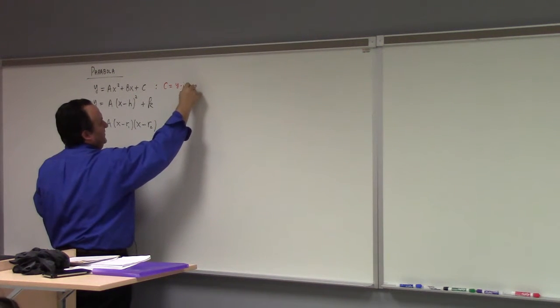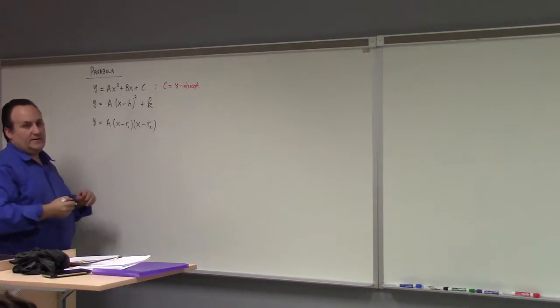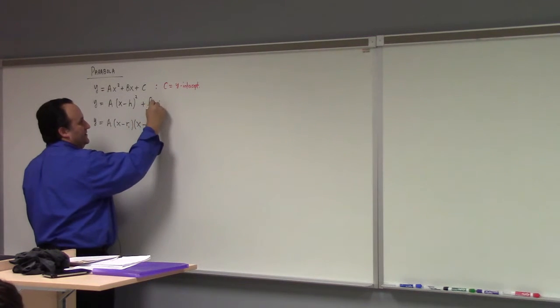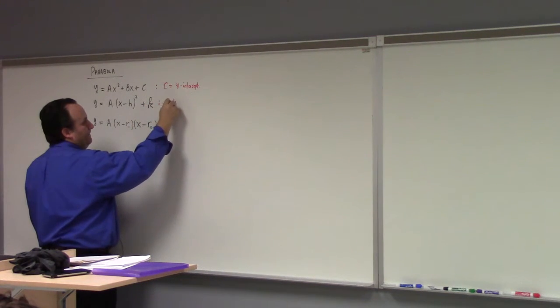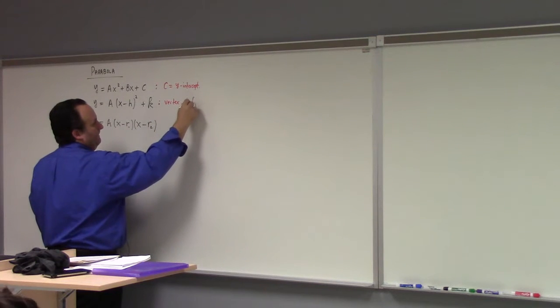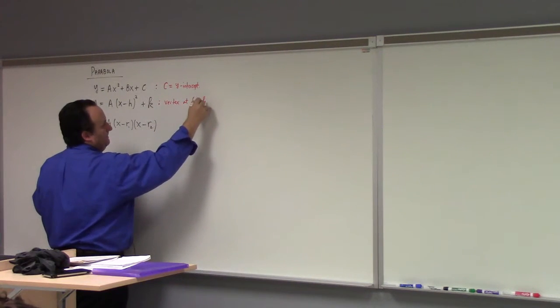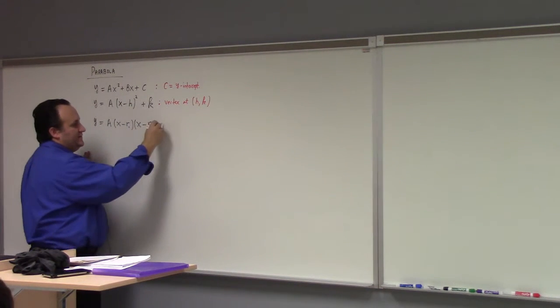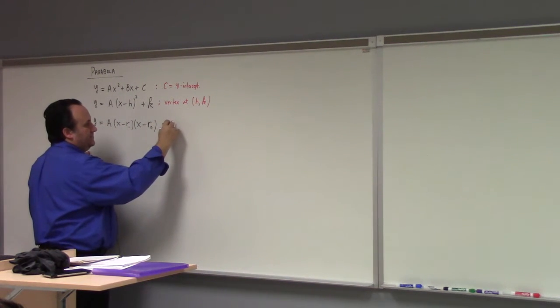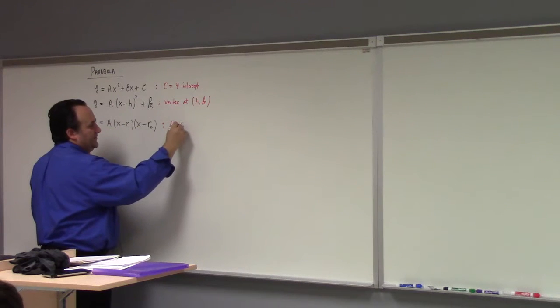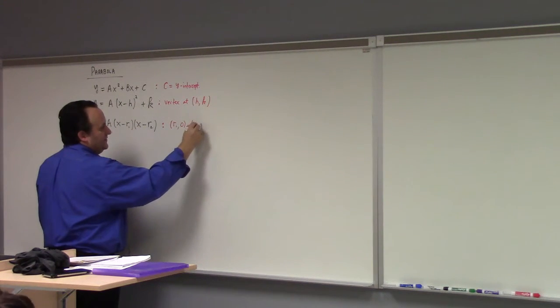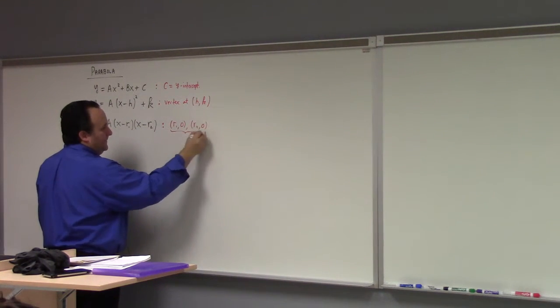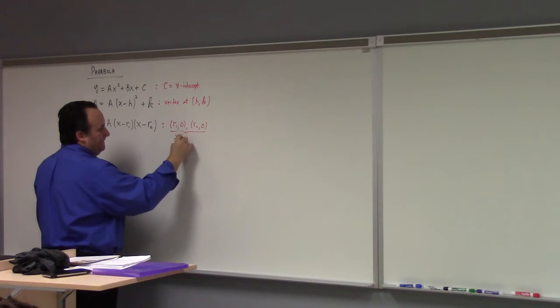So it gives you that much. This one tells us the vertex is at (h, k). This one tells you that (r1, 0) and (r2, 0) are the x-intercepts.